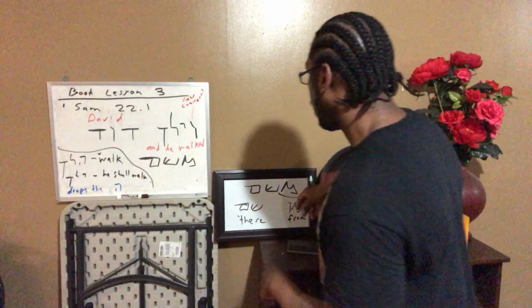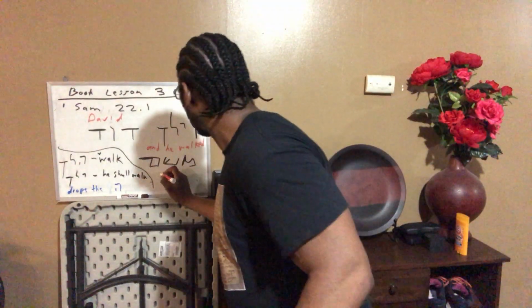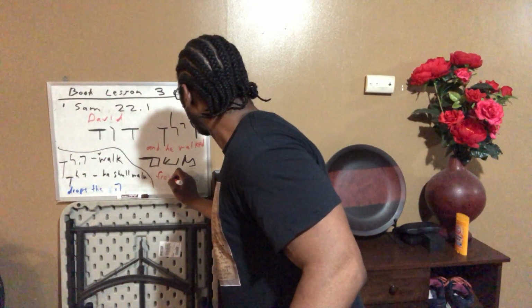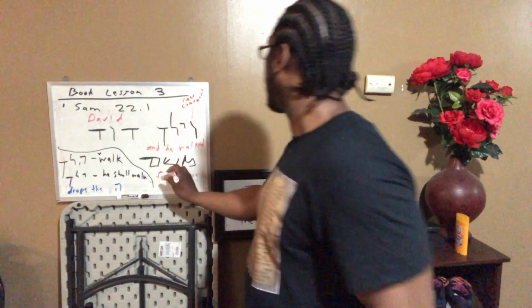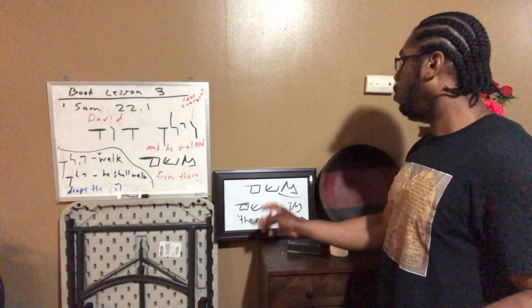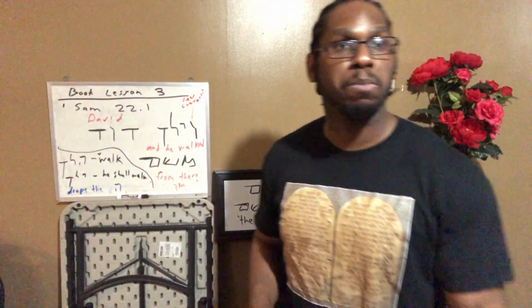All right. So now we understand that means from there. If you want to understand more about the mem, the participle, let's go back to the video on common words, part 1. We go into that deeply.